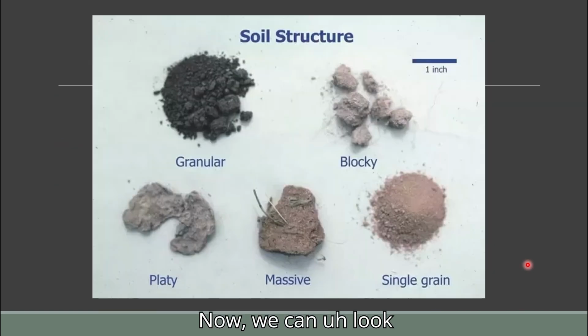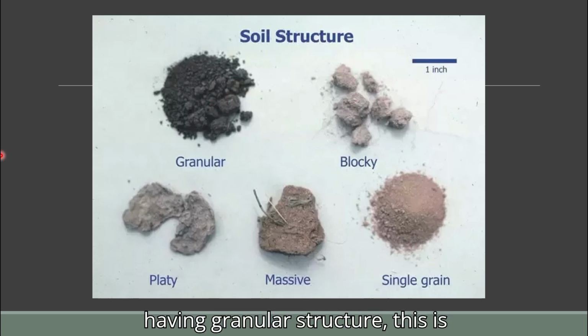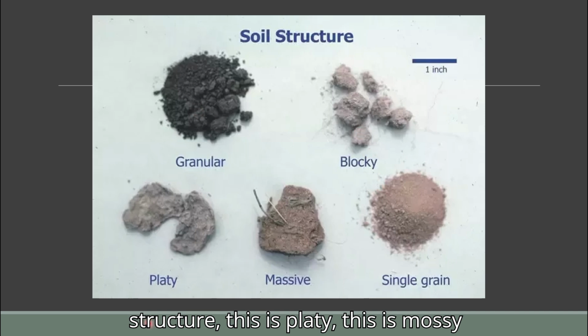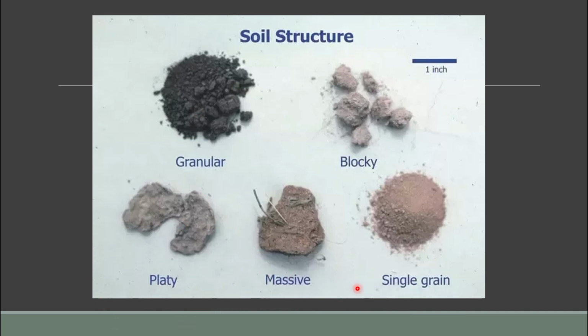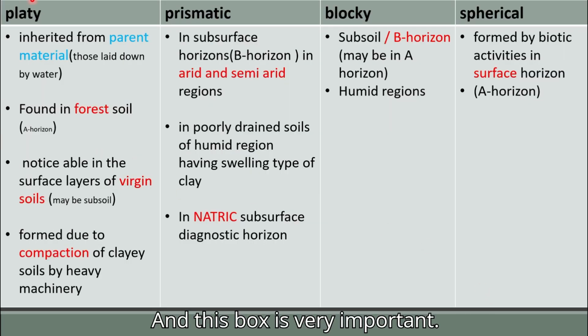Now we can look at realistic soil having granular structure. This is granular structure, this is blocky structure, this is platy, this is massive, and this is single grained. And this box is very important. First, platy structure.